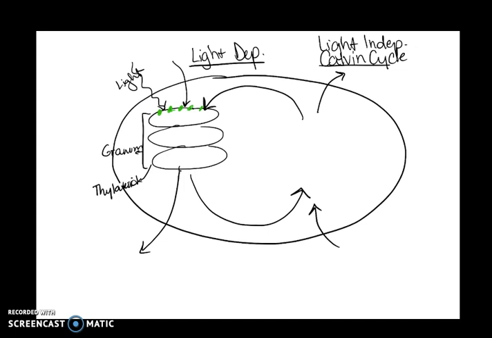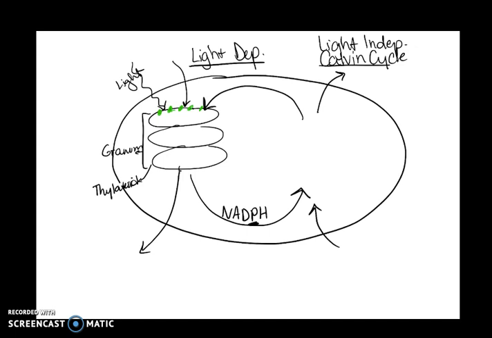So if we're thinking about energy conversions, the most important thing that is happening in the light-dependent reaction is that the light that we have is getting captured, that energy from light is getting converted into chemical energy in the forms of two molecules. What are they? Have we seen NADPH anywhere yet?